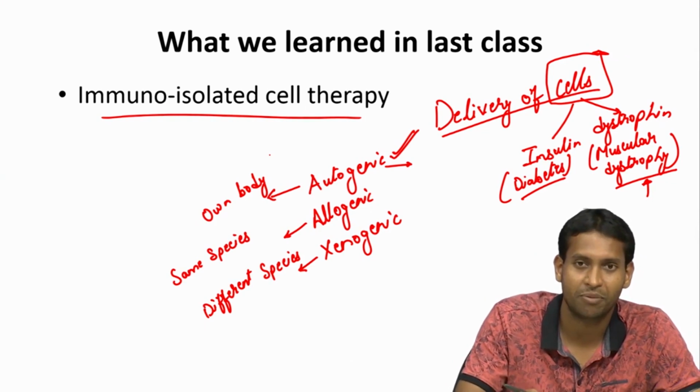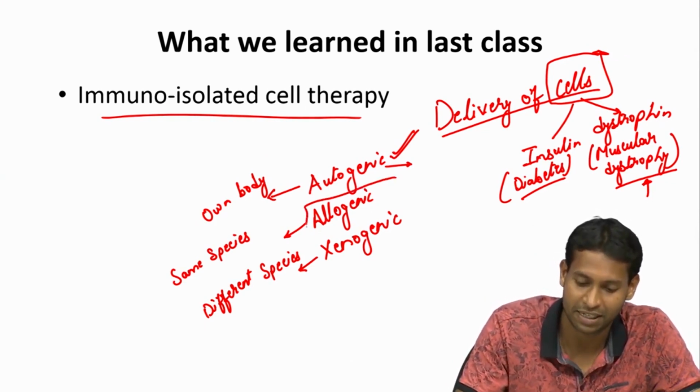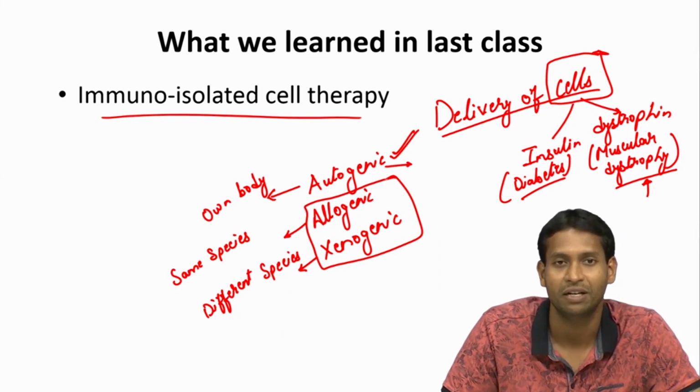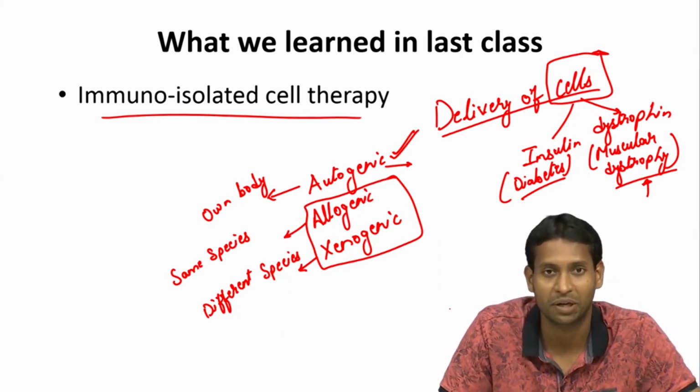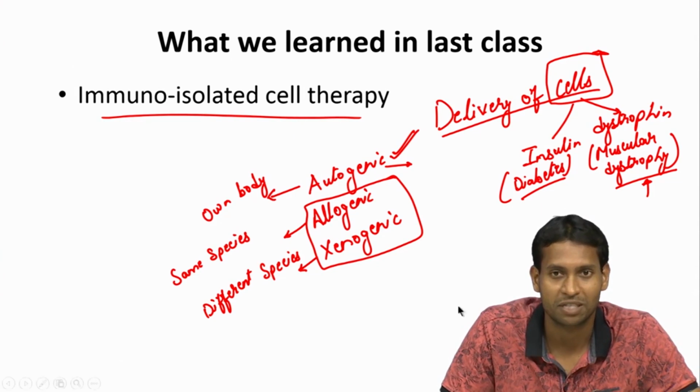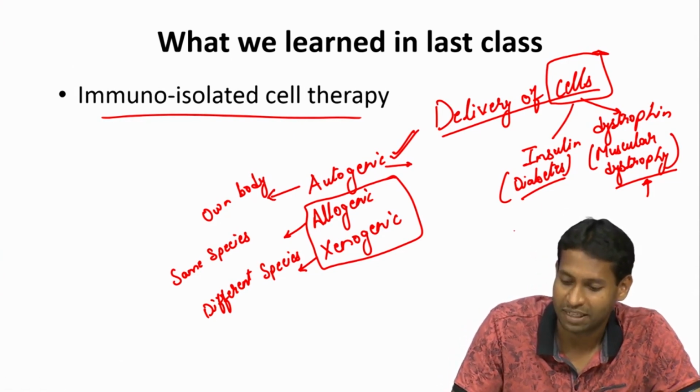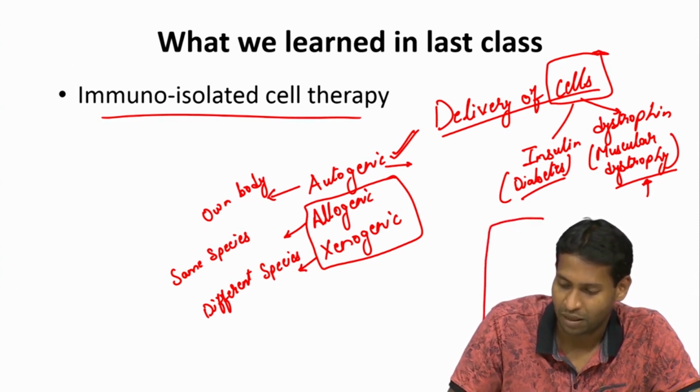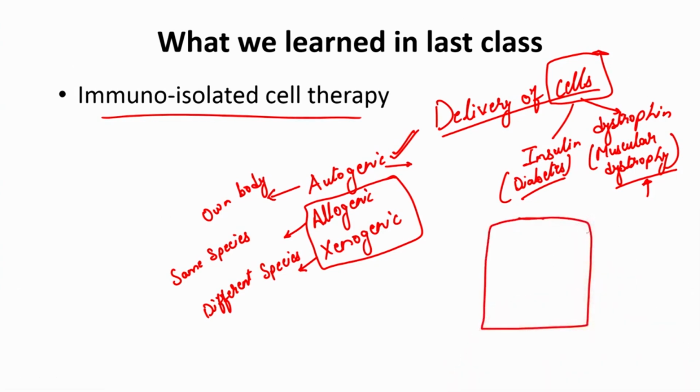Now, because mainly allogenic and xenogenic are the sources that we have, we need to protect these cells before we put them in the body, because otherwise the immune system is going to kill them. So, what is done in this case is you take a compartment which has a semi permeable membrane, and you put your cells, the cells you are delivering and trying to protect from the immune system, within this compartment.